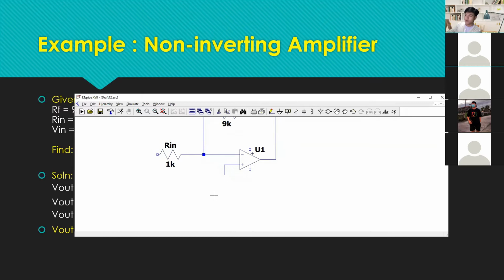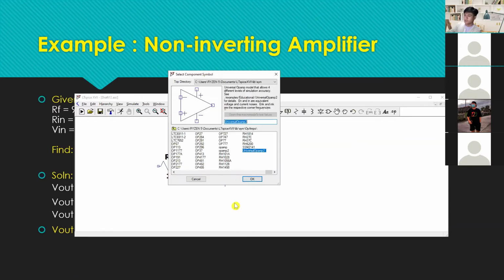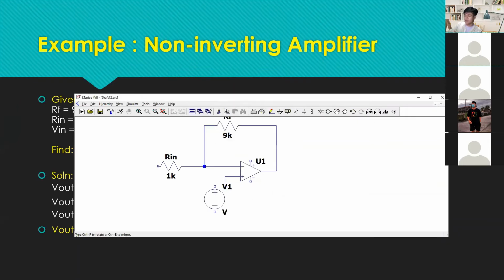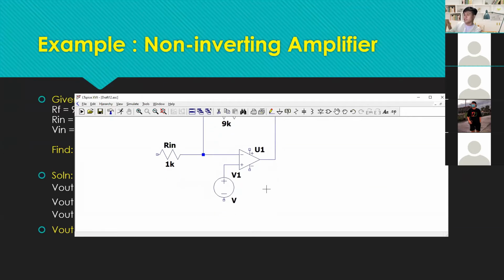So we'll get a voltage source: click F2 again and type voltage. You can look for it one by one, but I just type it to be faster. So voltage, and then okay. I'll place it here. Check the polarity, positive to positive. And our V in is 1 volt.